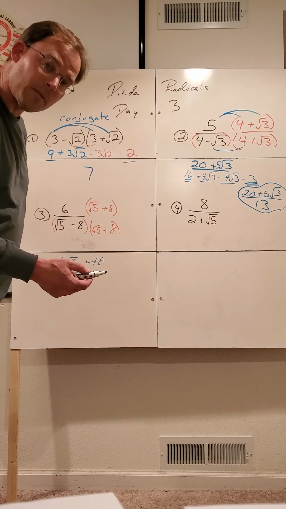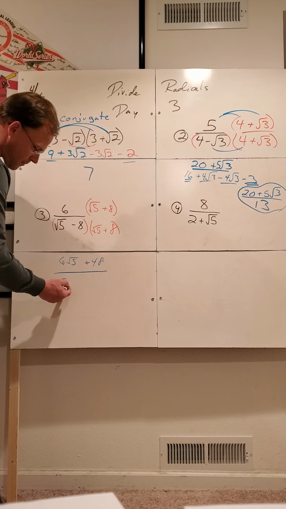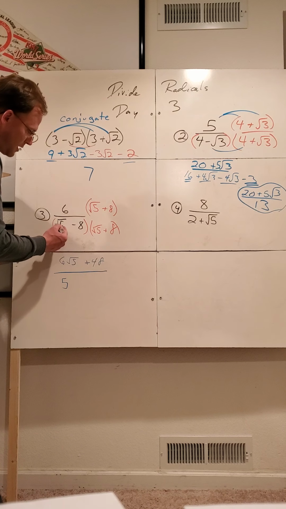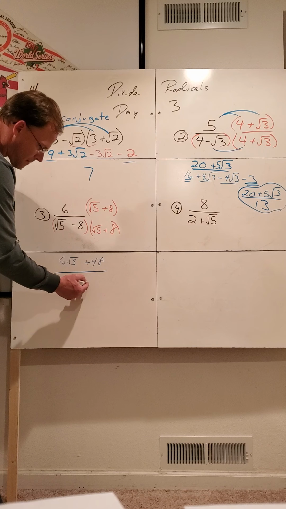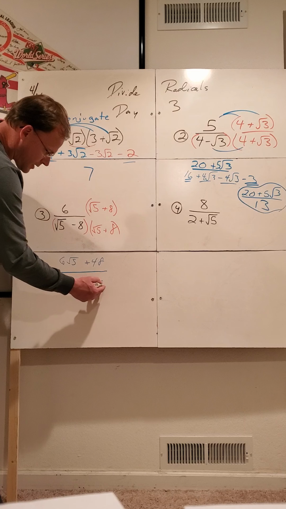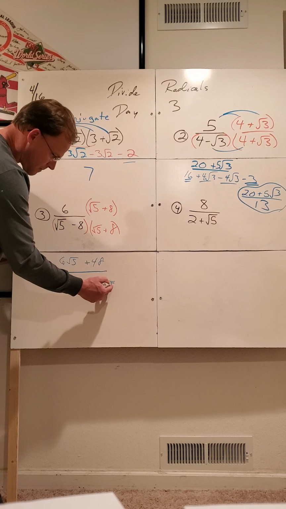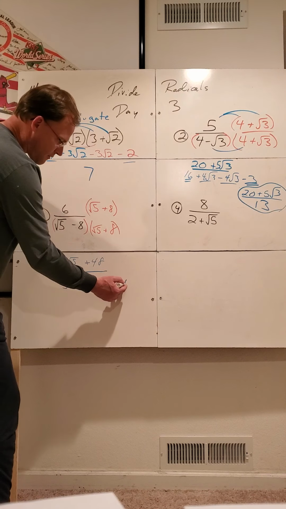Again, now I've got my double distribution down here. Root 5 times root 5, 5. Root 5 times 8. Right here, minus 8. Negative 8 times positive 8, negative 64.